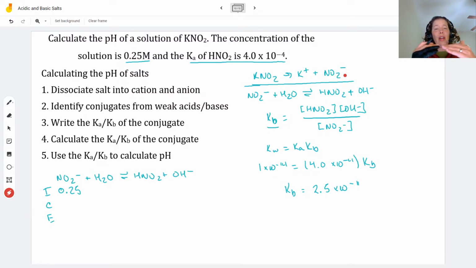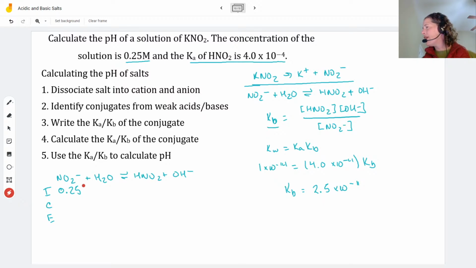So when we've got a 1-to-1 ratio, this is where I'm getting the 0.25 here. If you had like a 1-to-2 or a 3-to-2 or something else, then you would have to take that stoichiometry into account. But these are all 1-to-1 ratios, which is why my concentration of nitrite is 0.25.